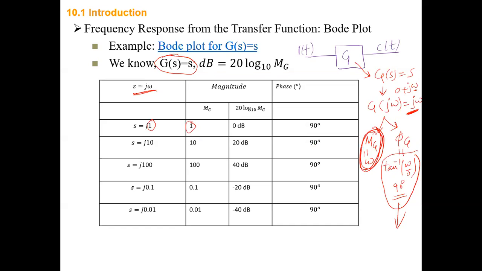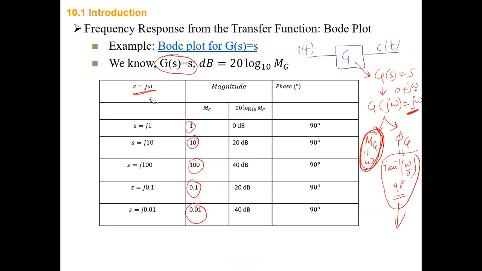When omega is 10, then Mg is 10. When omega is 100, Mg is 100. When omega is 0.1, Mg is 0.1. When omega is 0.01, Mg is 0.01. That's why my s is j omega: j1, j10, j100, j0.1, j0.01.